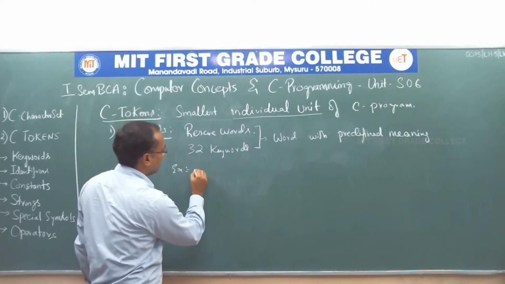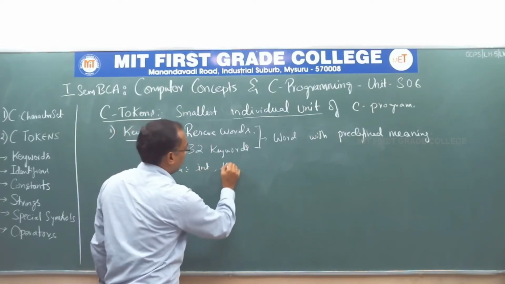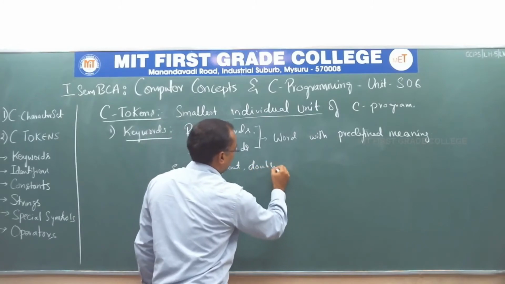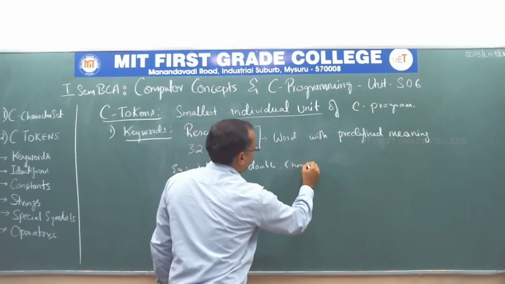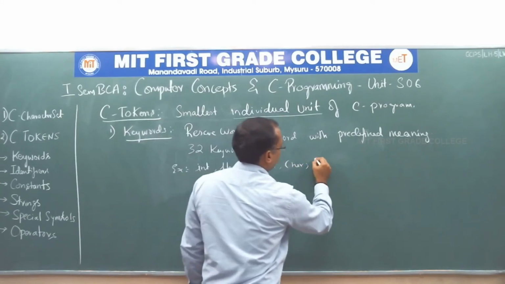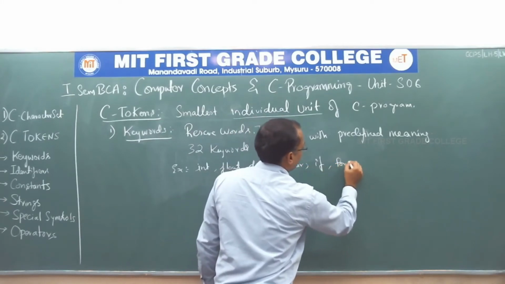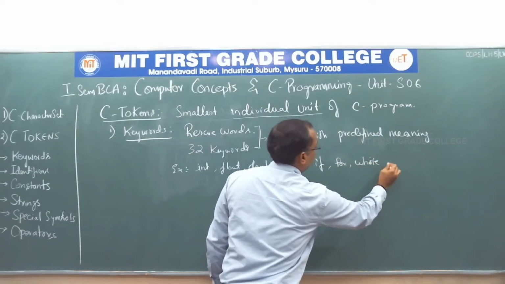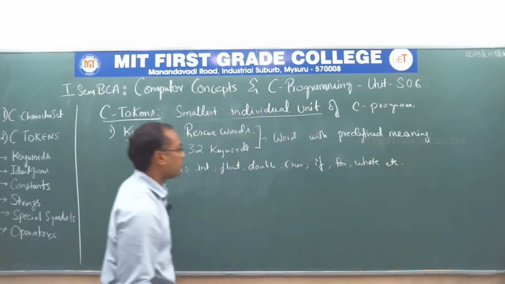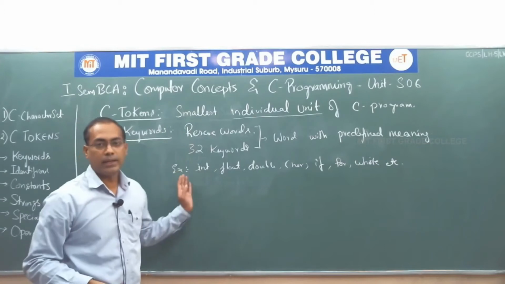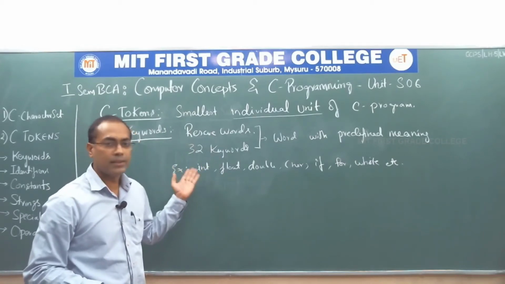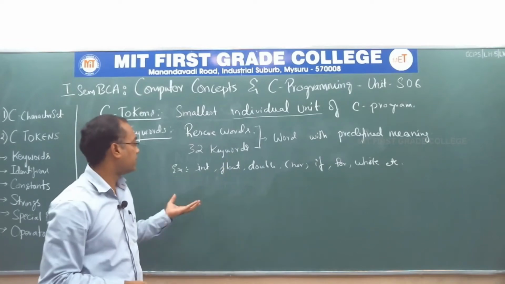All your data types like int, float, double, char are all keywords. Your decision making, looping, while loop, etc. are all examples of keywords. I will not list down all the 32. I'll just take some examples for your understanding.